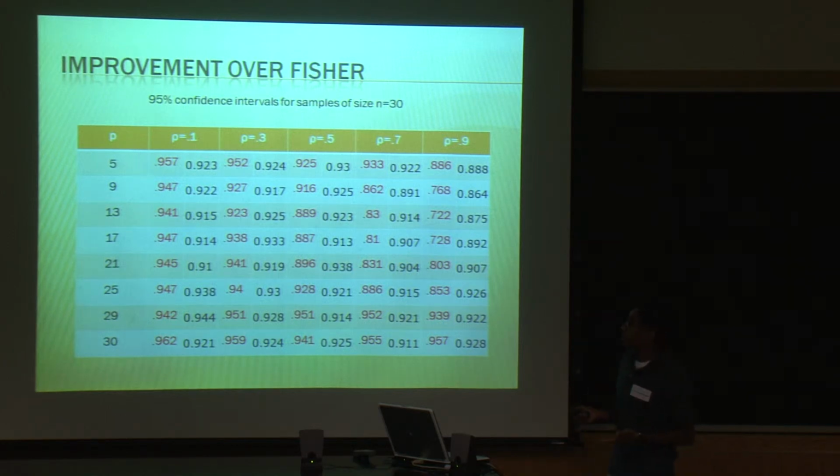The key advantage we gain is that as rho increases, the modified transformation does not deteriorate nearly as quickly or as much. And also, we're far more robust in these cases of moderate censoring. We're able to make improvements of as much as 15 or 16 percentage points in some cases, particularly where Fisher Z is weakest, in moderate cases of censoring and at higher levels of rho.